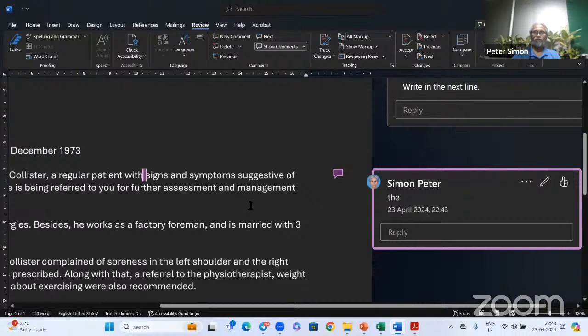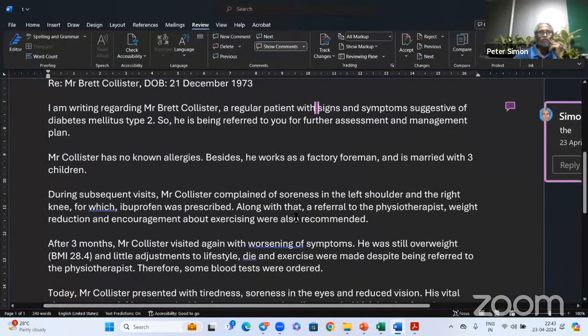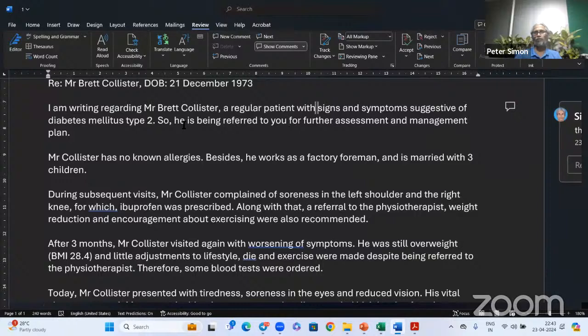With the signs and symptoms suggestive of diabetes mellitus type 2, he is being referred to you for further assessment and management plan. Okay, fine. That's right.